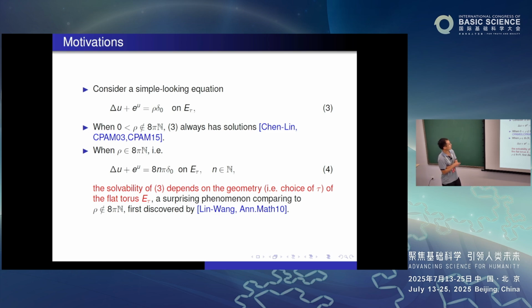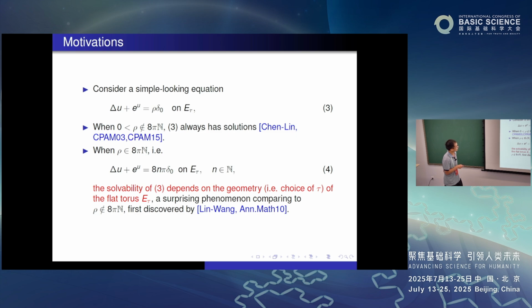So our motivation comes from this simpler looking equation. The right-hand side now is a single Dirac measure with a positive parameter rho. If rho is not 8 pi times some integer, then from these two papers they already proved this equation always has solutions.